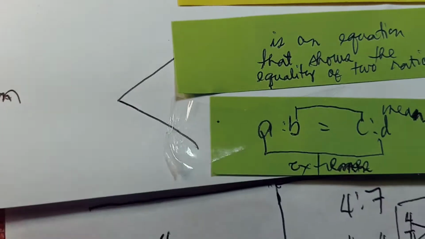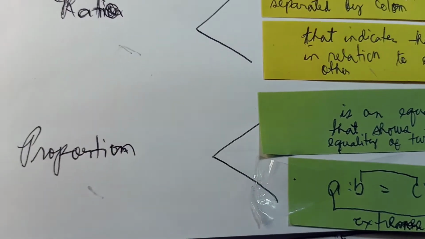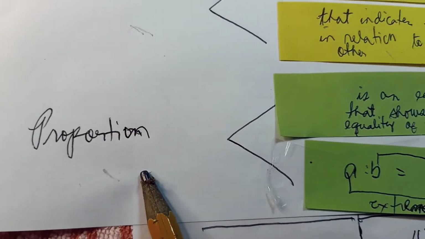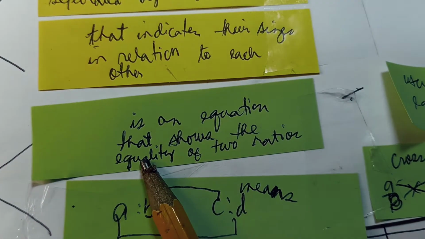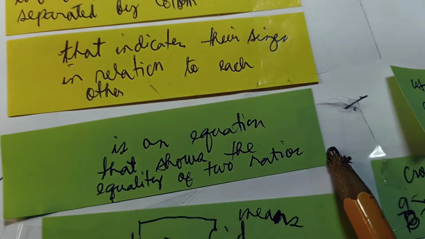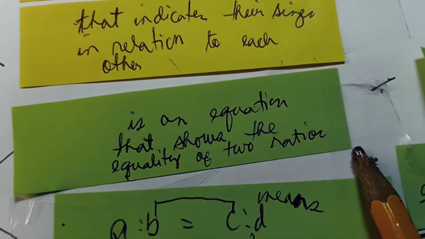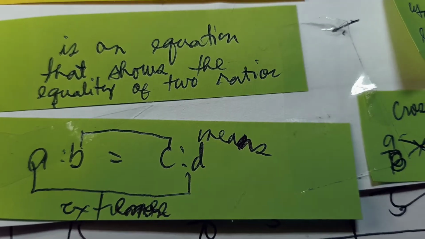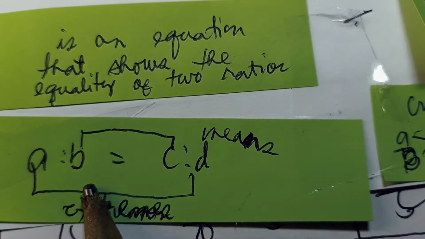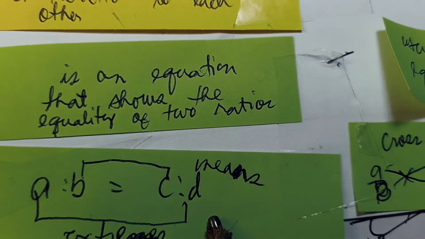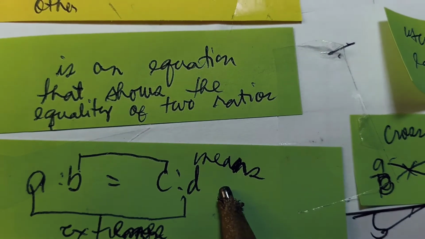So again, we will discuss proportion. What is proportion? A proportion is an equation that shows the equality of two ratios. So it has two ratios, like this illustration. A is to B is equal to C is to D. In a proportion, there are two parts, the means and the extremes.